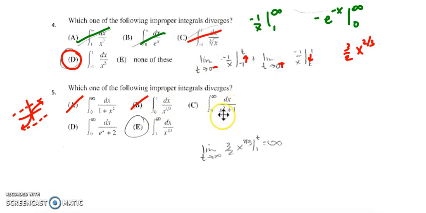x cubed plus 1, I don't even know how that integrates off the top of my head, but I do know this, is that when I integrate, I'm going to have something still in the denominator, some sort of x squared, say. Like if we ignored the plus 1 and just thought it was x cubed, we would definitely still have an x squared in the denominator when we integrated.